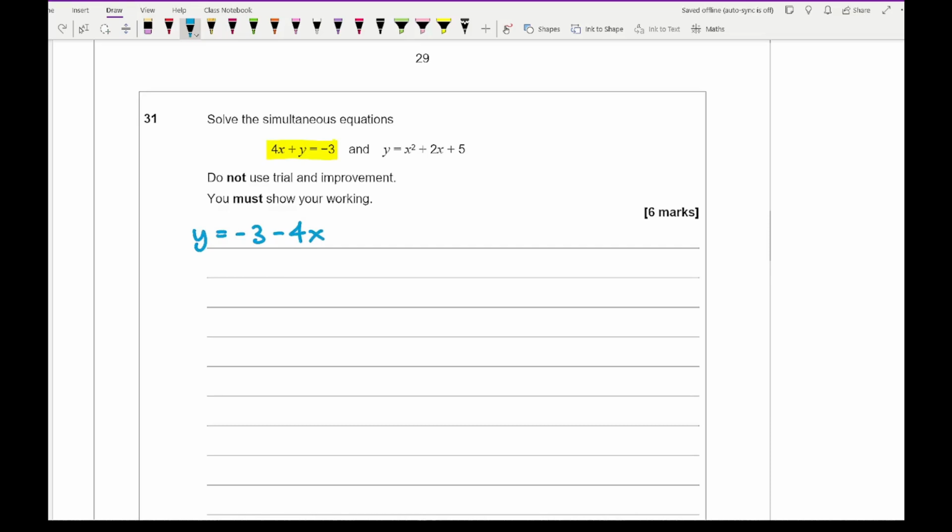Now from this, as I've made y the subject in both, and they both equal y, they can now equal each other. So what I end up with is x squared plus 2x plus 5 equals minus 3 minus 4x.